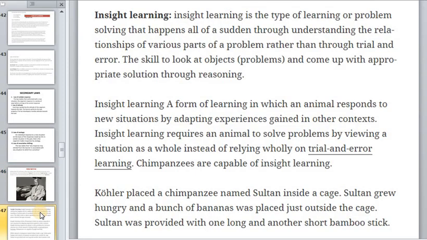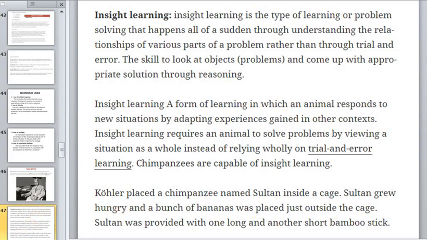Insight learning is a type of learning or problem solving that happens all of a sudden through understanding the relationship of various parts of the problem, rather than through trial and error, like in the previous experiments. It is the skill to look at objects or problems and come up with appropriate solutions through reasoning.